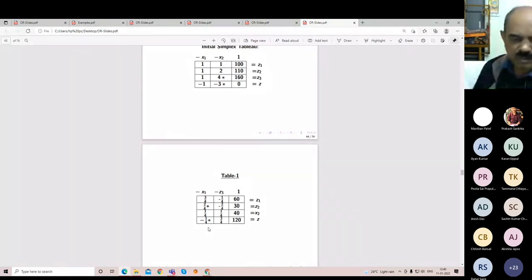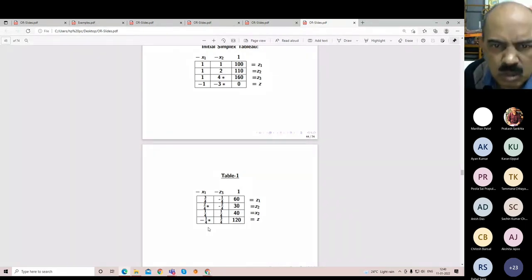This is completed. Now we would like to compute the elements in the last column. What is that? In the positions 100, 110, then 0. So see here, 4 into 100, you are making P into S minus Q into R by P. 4 into 100, 400, minus 160, 240. 240 divided by 4 is 60.